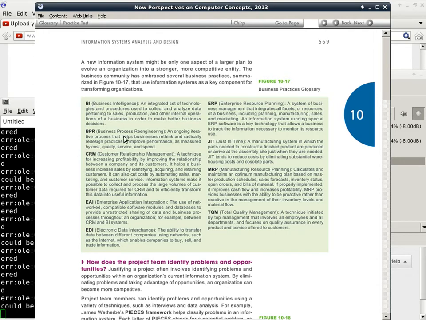Business intelligence, an integrated set of technologies and procedures used to collect and analyze data pertaining to sales, production, and other internal operations of a business in order to make better business decisions. Okay. So we just talked about MIS and also DSS earlier, decision support system. And those are all components of business intelligence.